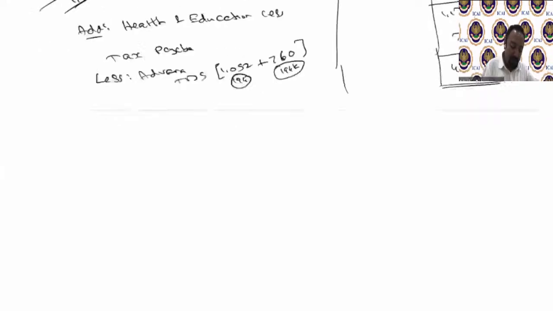Now we need to see under section 115BAC also, is there any other change with respect to 115BAC? So I'll write first house property. There is no change in house property because there is no loan or something. So you take it as it is, right?